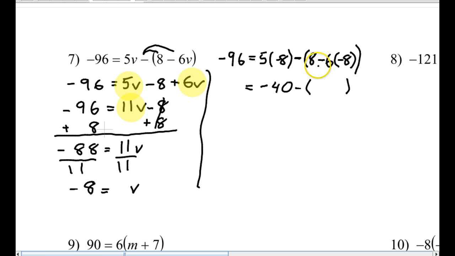So this is 48 plus 8, which is 48 plus 8. 6 times 8, what's 6 times 8? 48, right?